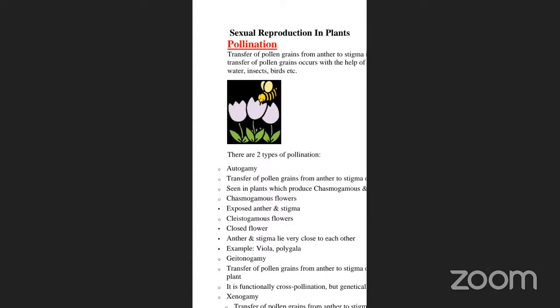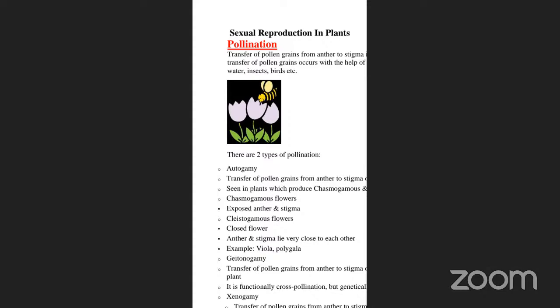It is found in both cleistogamous flowers, which do not open, and chasmogamous flowers.